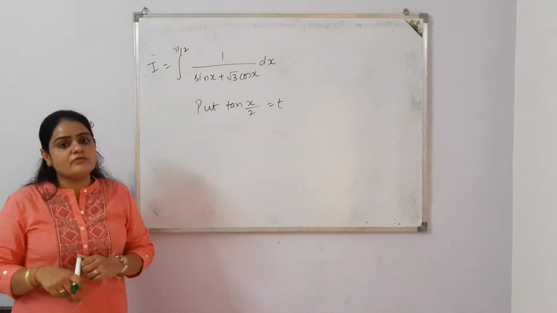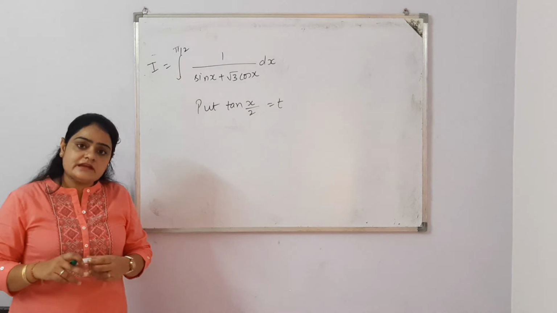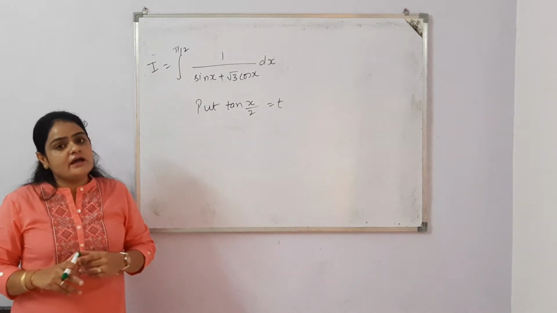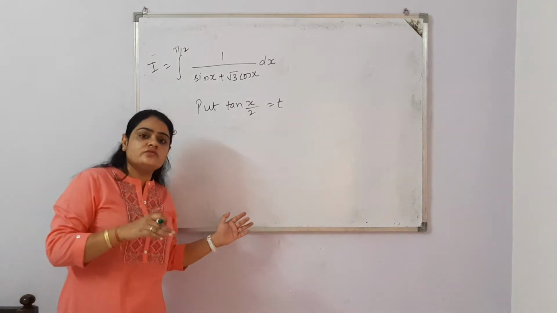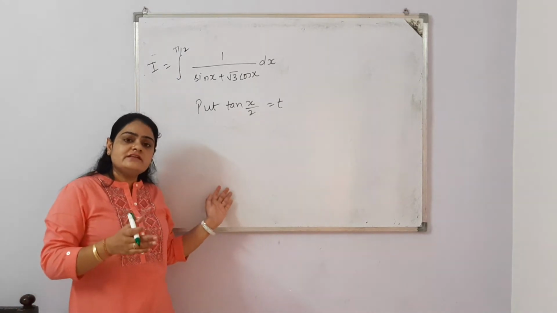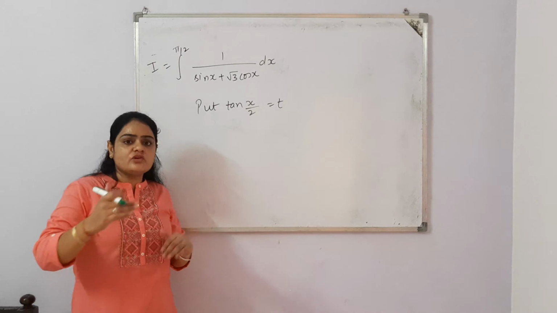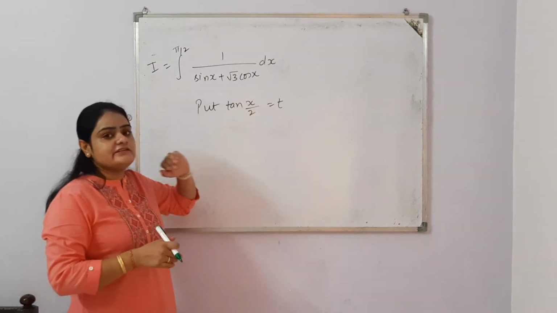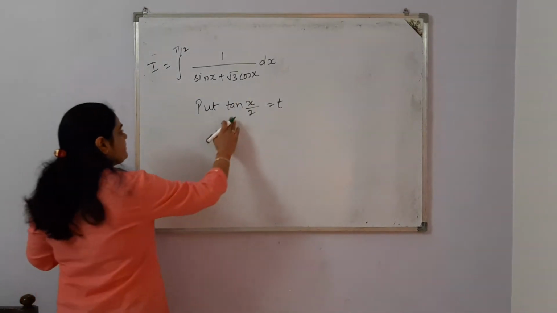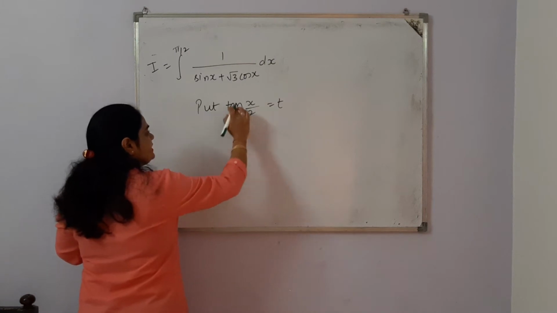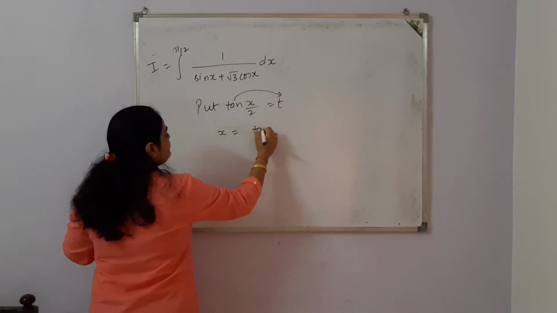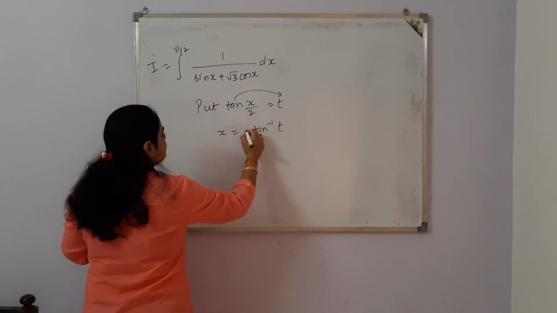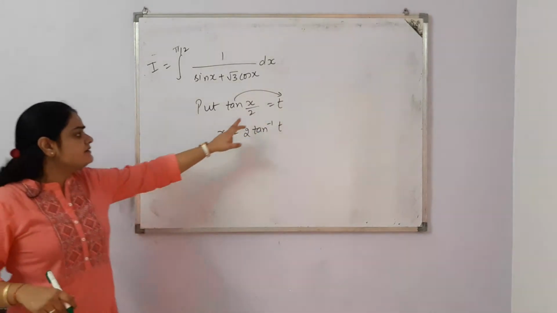We already did this type of question in indefinite integration as well. If you want to see the criteria properly, kindly watch those videos of indefinite integration. These are the last, I think, 10th, 11th or 12th videos on this topic. So tan x by 2 equals t; tan goes to the other side and becomes tan inverse t, and the 2 multiplies, because it was in division.